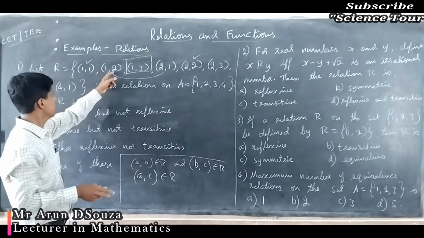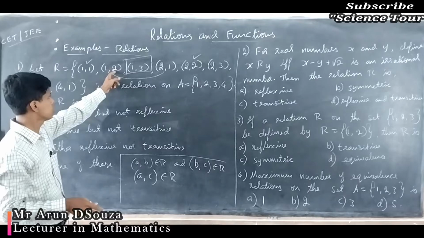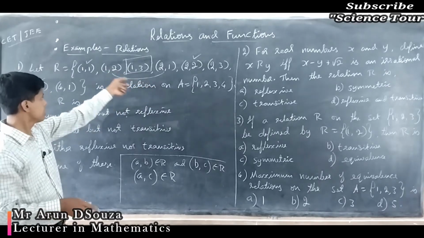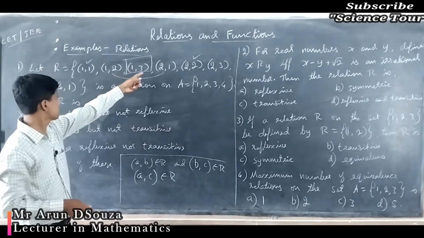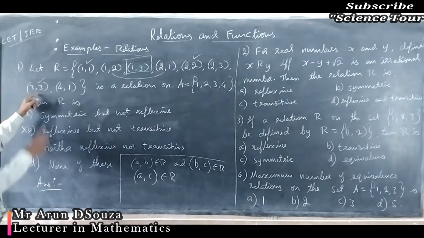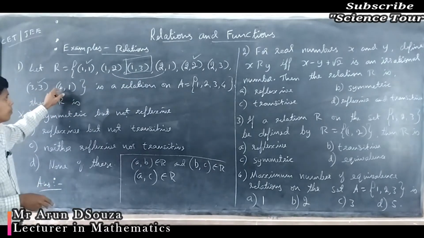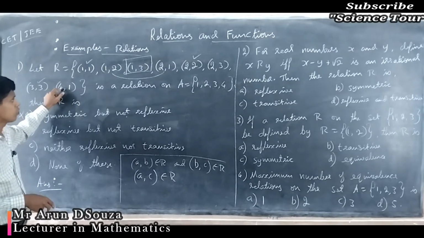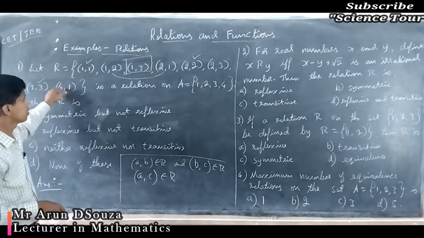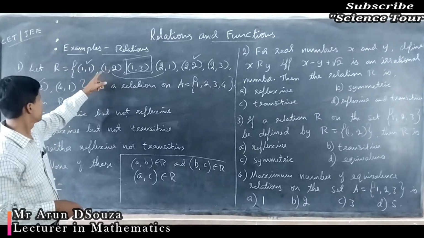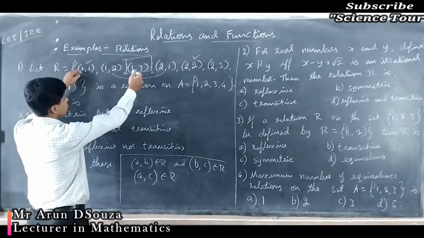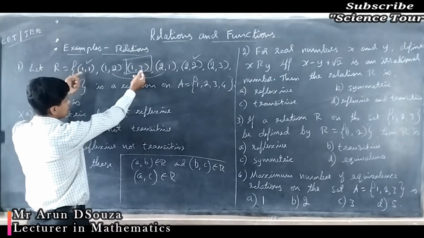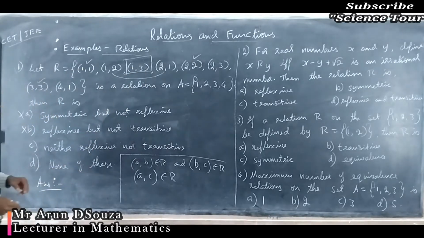Then (1,2) and (2,3), and you got (1,3) also. You got (1,3), starting with 3 you got (3,3), so (1,3) is there. With 4 you don't have anything. Then you got (1,1) and starting with 1 you got (1,3), then the resultant is (1,3), which is there.